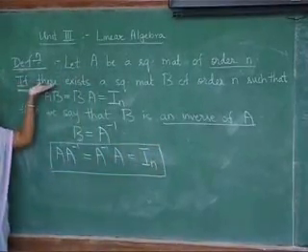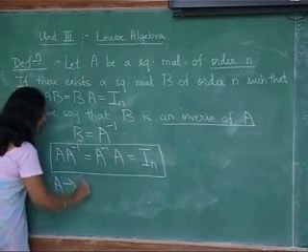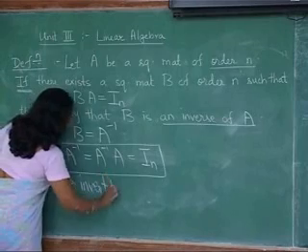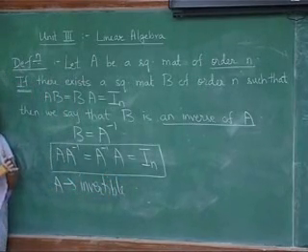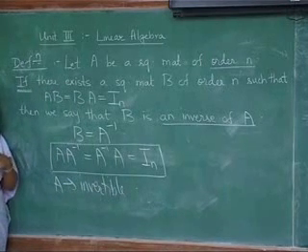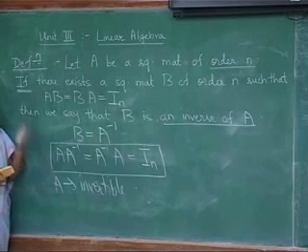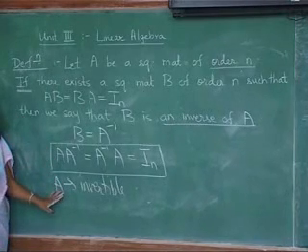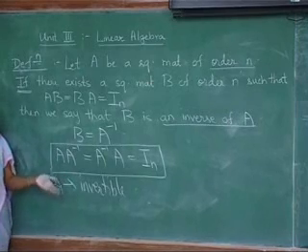So if a matrix has an inverse, we will say that it is invertible. A natural question to ask will be, are there matrices which don't have inverses? And the answer is yes. The answer is closely related to what we call the determinant of a matrix.